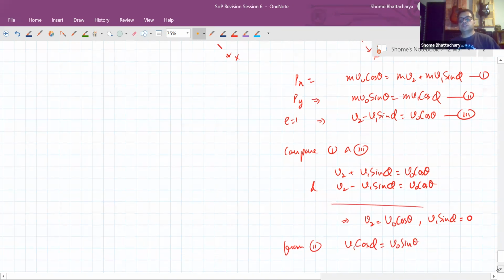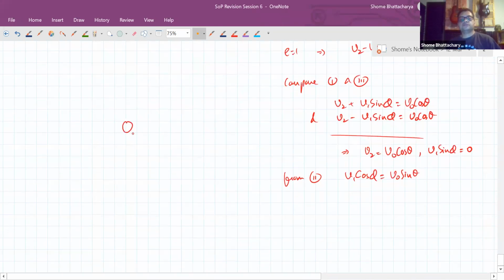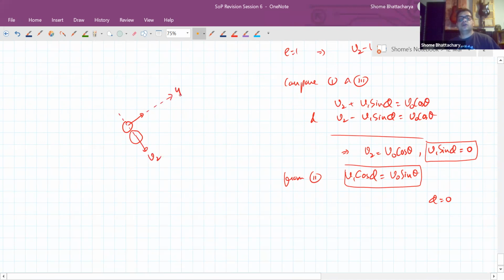So that's what shows us that after the impact, okay. Now again comparing this equation and this equation shows us that phi is 0. So if phi is 0, you'll realize that v1 is along our y-axis and v2 is along our x-axis.